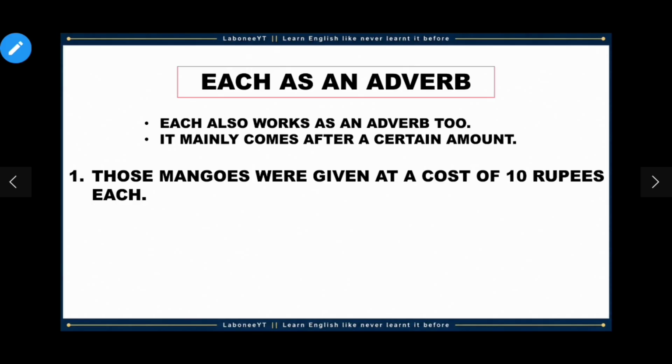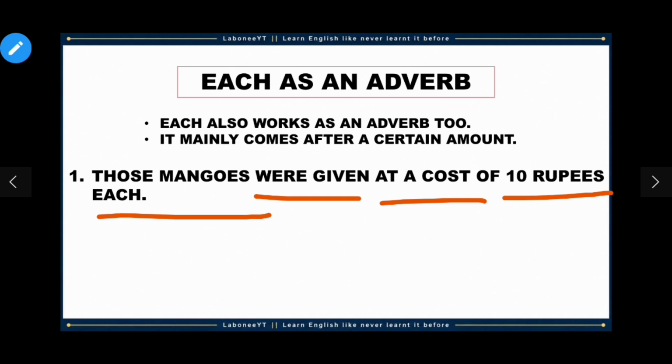Well, we have written here, those mangoes were given at a cost of 10 rupees each. So if you observe it very well, you can see that we have used each at the end of the sentence, because generally we use an adverb in the middle of a sentence or at the end of a sentence. But here, according to this rule in English, each as an adverb is used after a certain amount.